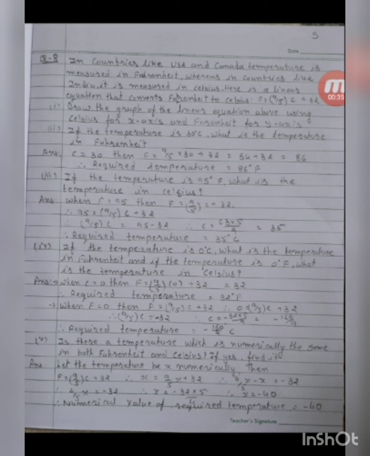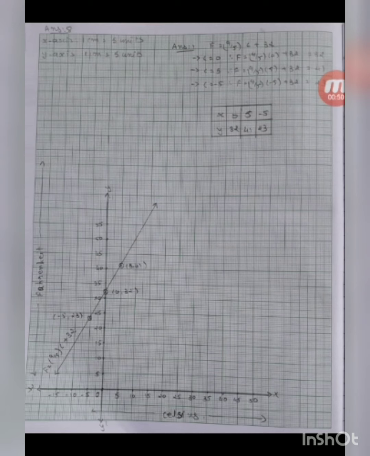Now here the first question is: draw the graph of the linear equation above using Celsius for the x-axis and Fahrenheit for the y-axis. So first of all we have to find the solutions and draw the graph. Answer 1: F is equal to 9 by 5 C plus 32. Take C is equal to 0, then F is equal to 32.